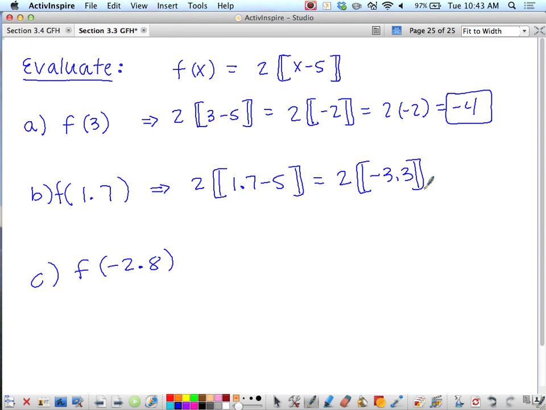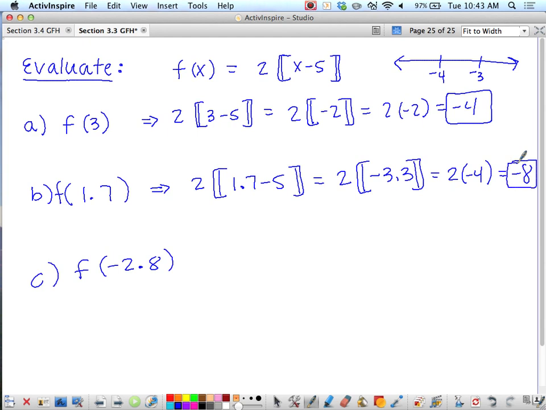Negative 4. Yeah, you have to be really careful with those. Because if you're looking at these, this is -3, this is -4. The smaller of those is what you want. It goes to the smaller one. It brings it down smaller. So that makes it -4. So 2 times -4 is -8.